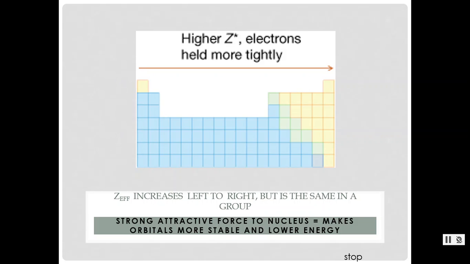The reason we introduce this concept now is because those strong attractive forces make orbitals more stable and lower in energy. So know the concept of effective nuclear charge and know its periodic trend.